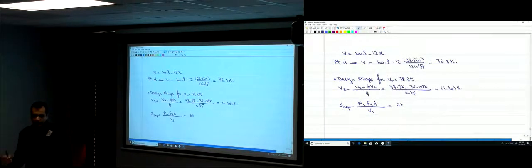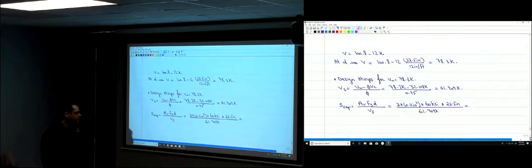So the required spacing is Av fy d divided by Vs. Av is 2. I'm using U-shaped number 3 stirrups.